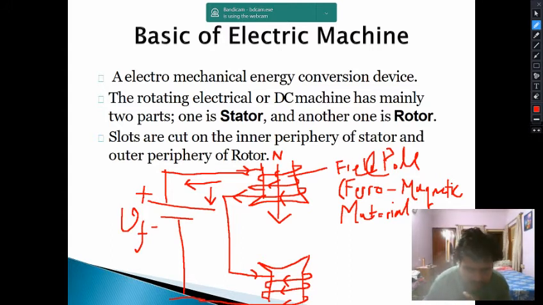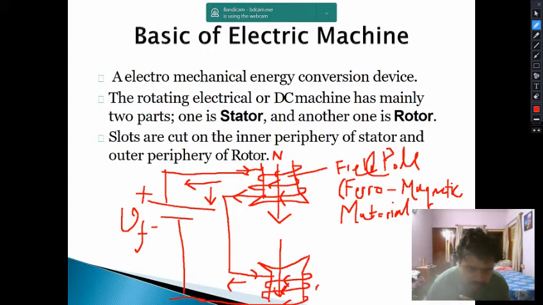And now again, if you curl your, or rather orient your thumb in the direction of the current, so it will be in this particular direction, and your curling fingers will point in this particular direction. So what will be the polarity?